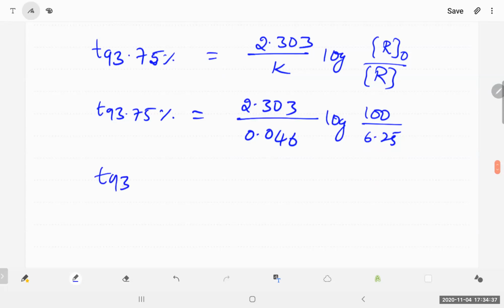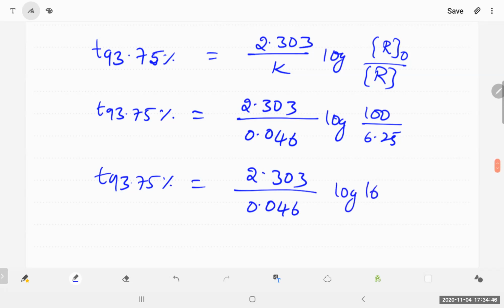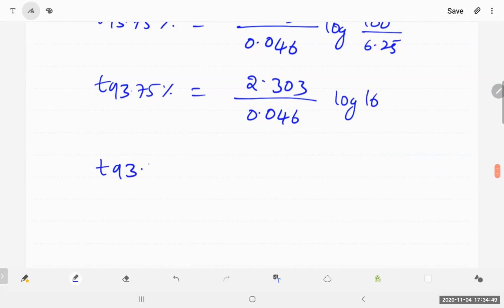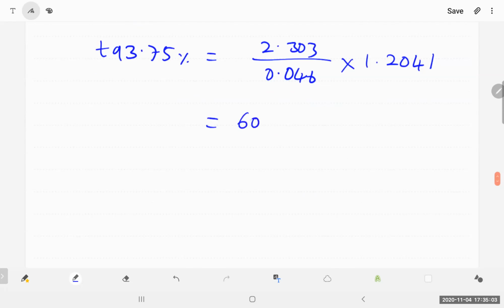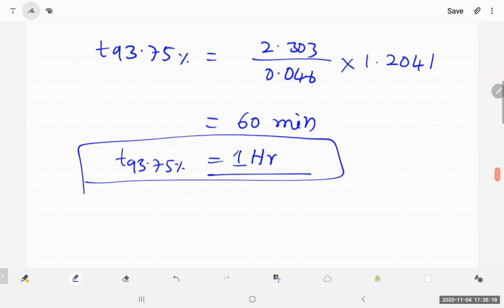So T 93.75% is equal to 2.303 by 0.046 log 16, that is 2.303 by 0.046 into 1.2041. That gives us 60 minutes, that is equal to 1 hour. So T 93.75% in hours is equal to 1 hour.